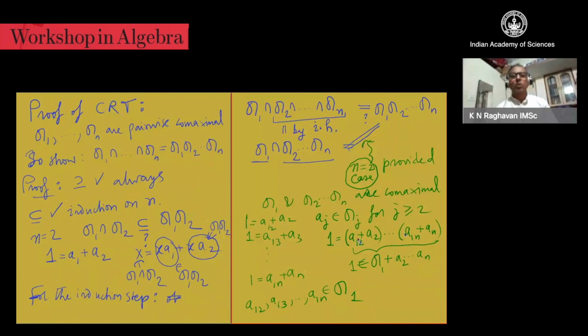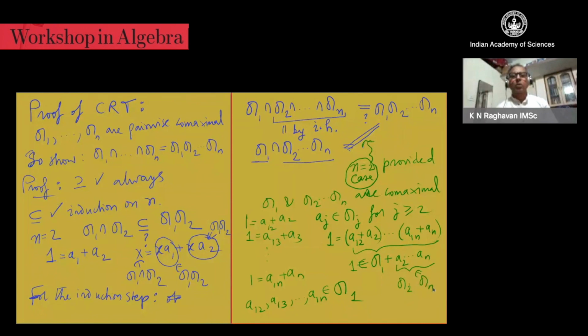All of those belong to A1. So the only term that does not belong to A1 is this product term, but that belongs to A2 through AN. Therefore, we have shown that 1 belongs to this sum. And so they are co-maximal, and we are done with this.